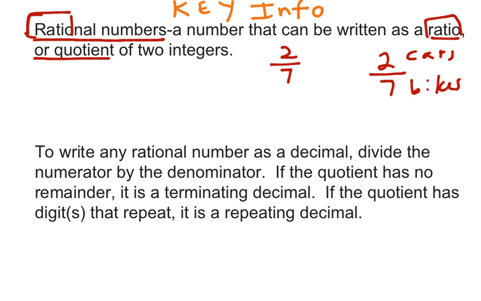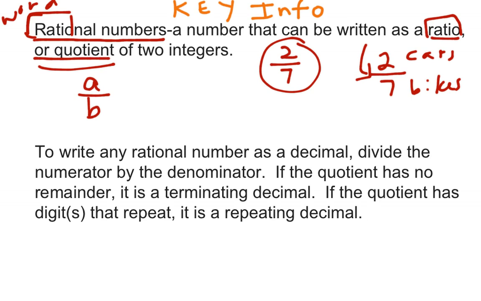It also uses division, so the fraction bar is a division symbol, and that's why they're saying quotient. So that's a rational number, and that's the words. The words are up here. Numbers look like that, and algebra looks like this, A over B. So you've got words, numbers, and algebra, and then we have a little extra piece of information for the algebra.